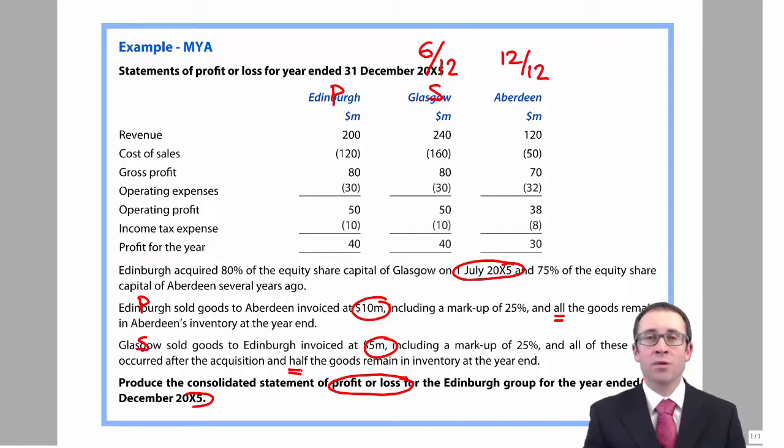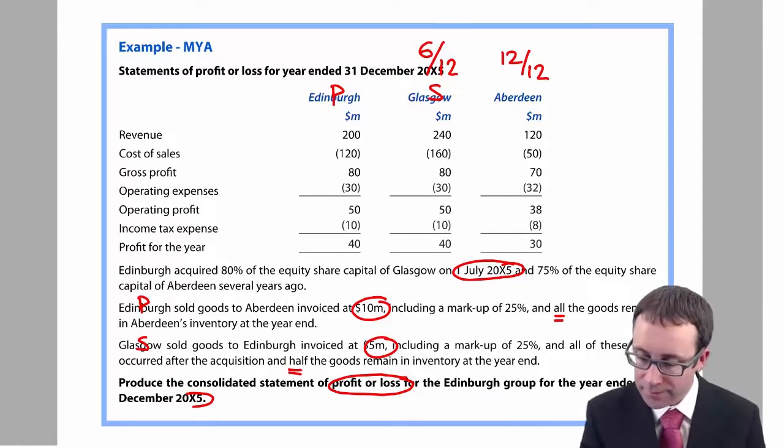And again, we need to make sure that we adjust within the correct set of books. If the parent sold them, we adjust the parent's cost of sales. If the sub sold them, we adjust the sub's cost of sales, don't we? Okay, excellent. So let's go through, have a go at it, see how we get on. So we're going to go through there and look at the revenue.